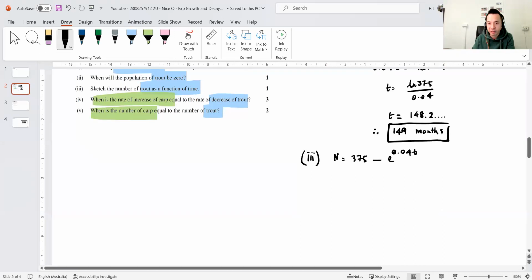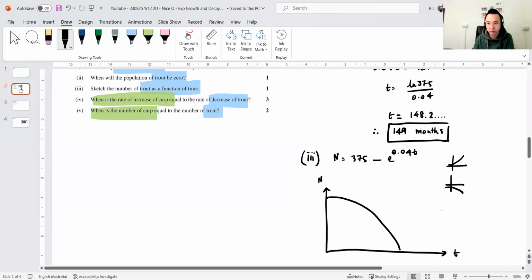A positive exponential graph looks like that, with a minus in front it goes this way, and then it's shifted up by 375. This is N and this is t. Time 0 is here, and this point is 149 months.